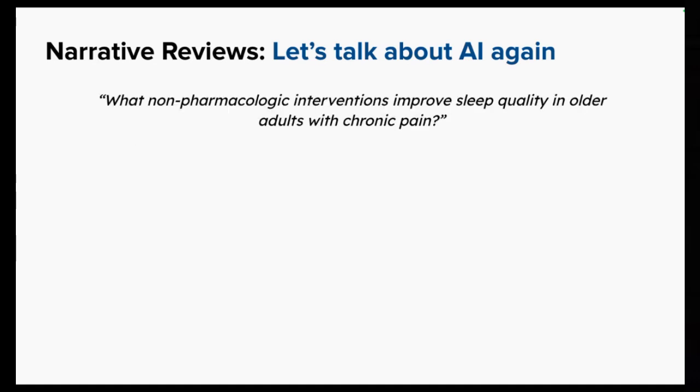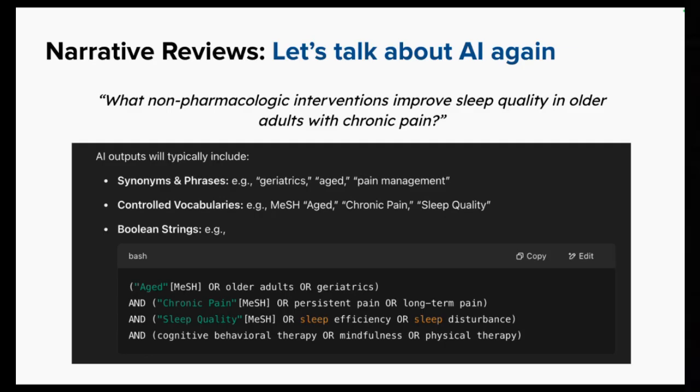Going back, our research question is here again, and this is what your AI output is probably going to look like. You asked for a whole bunch of phrases and synonyms, and it's saying that instead of older adults, you might also consider synonyms and phrases like geriatrics, like aged. For chronic pain, you might consider pain management. Controlled vocabulary, I know I'm introducing a few different terms here, but that is MeSH, the PubMed special language.